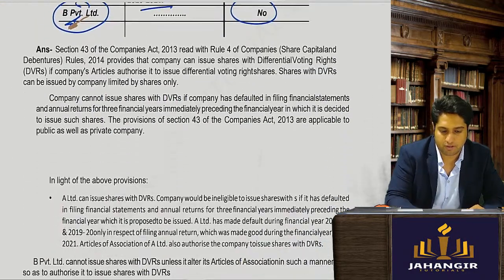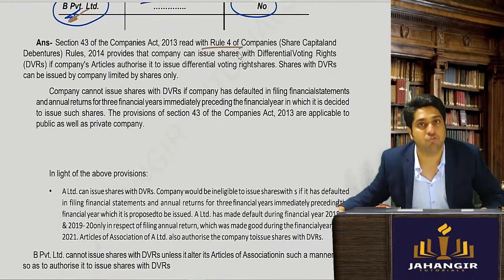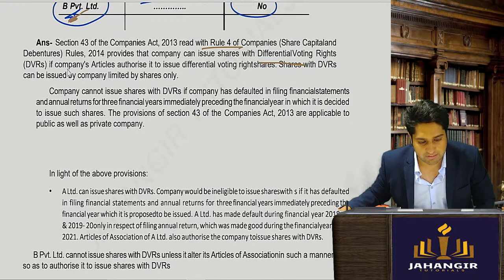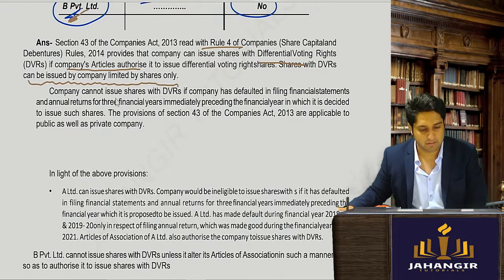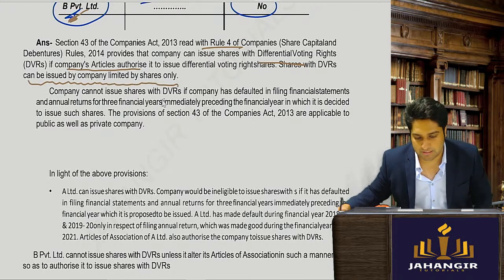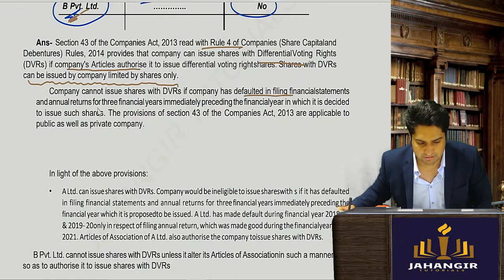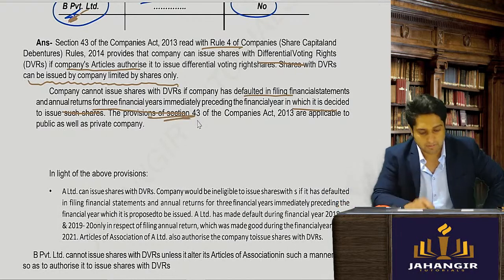So section 43 read with rule 4 states that a company can issue DVRs if the articles authorize and it can be issued by a company limited by shares only. A company cannot issue shares if it has defaulted in the financial statements for 3 financial years. This is given in section 43.